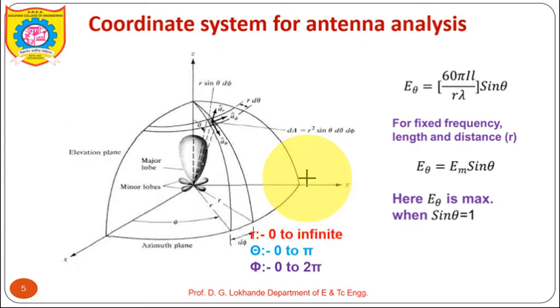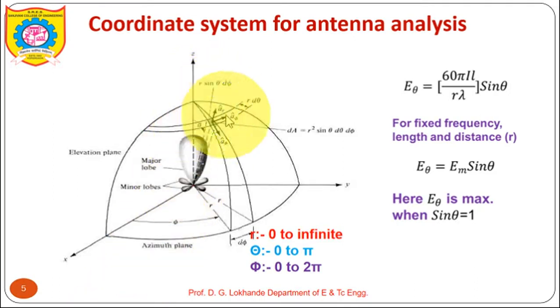A convenient set of coordinates is shown in the figure, and we need to observe the maximum field pattern of that. So if you see the particular cross sectional area, one of the components is r sine theta d phi.